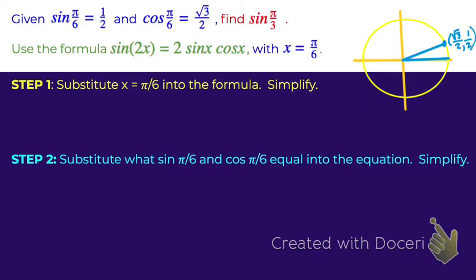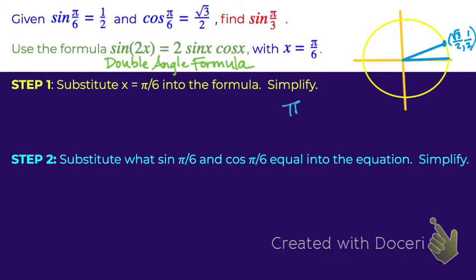So we're given a formula here in green. This is the double angle formula for sine. This formula is used to find the sine of 2 times some angle. So is pi over 3 double the size of pi over 6? Let's see.